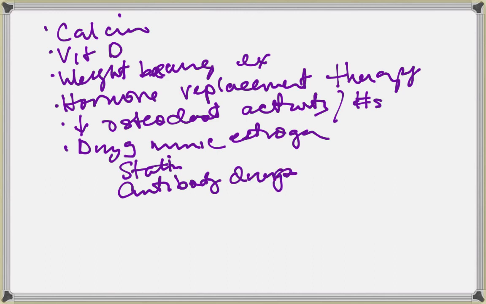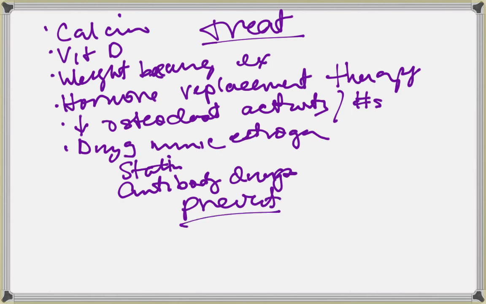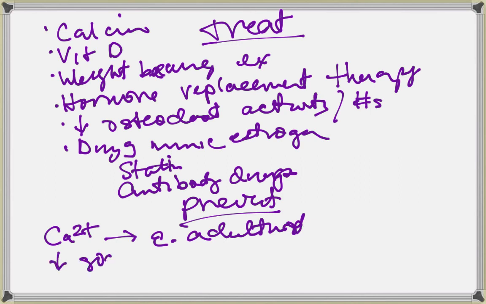How can you prevent? So this is treating it, right? How can we prevent osteoporosis? Calcium in your diet. Lots and lots of calcium in early adulthood. Reduce sodas or carbonated drinks and alcohol consumption.